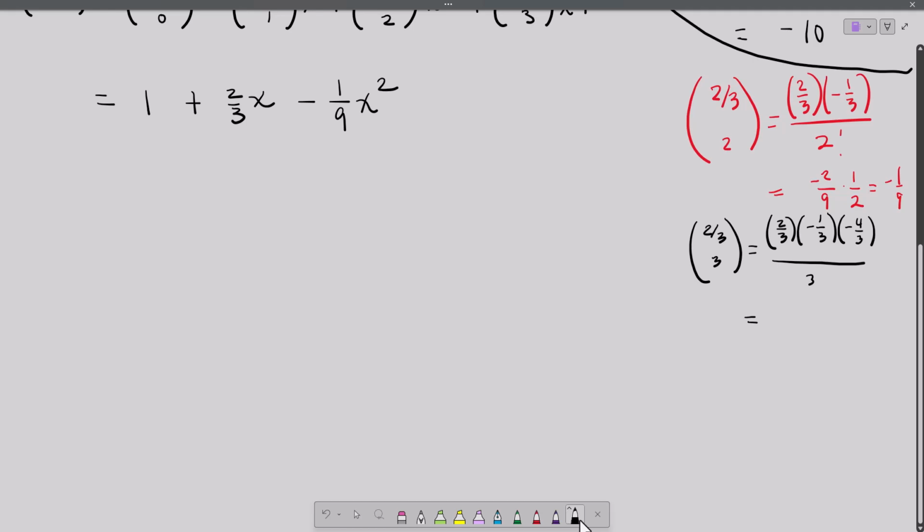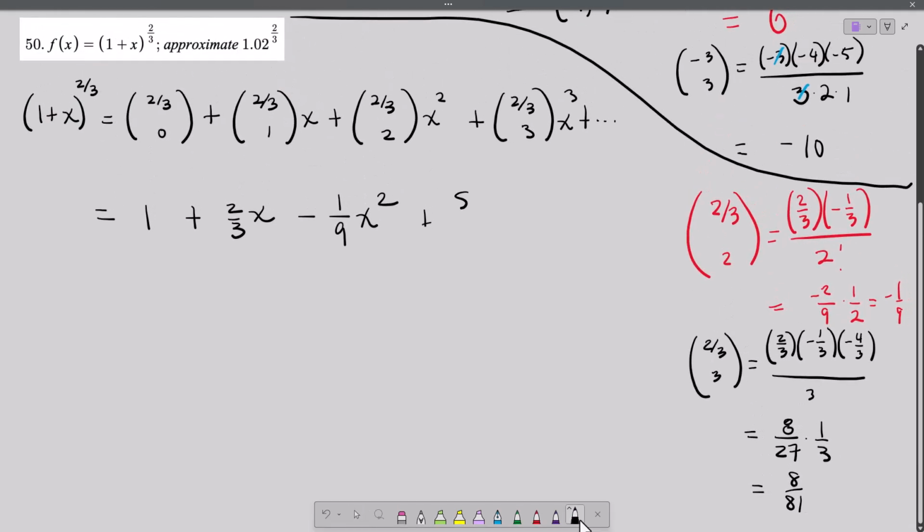So that looks like it's going to be positive. That's going to be 8 divided by 27 multiplied by 1/3. So 8/81 will be that next coefficient. So plus 8/81 x cubed. And we can put a minus there. We know it's going to be negative. It doesn't matter if you put minus or plus.